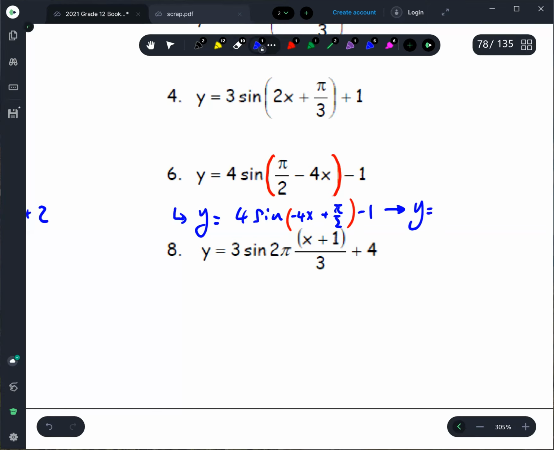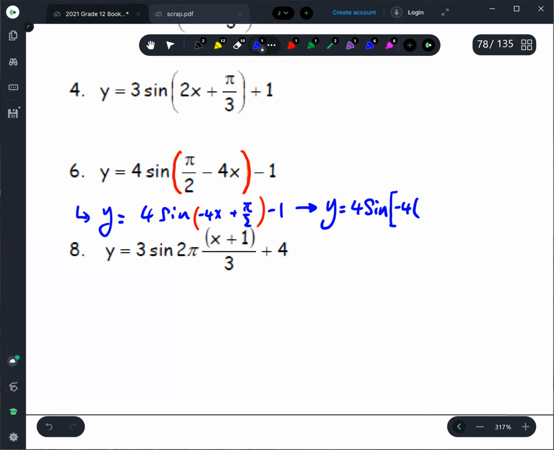So it will become y equals 4 sine, and then bracket negative 4, bracket x plus, sorry, minus pi over 8.